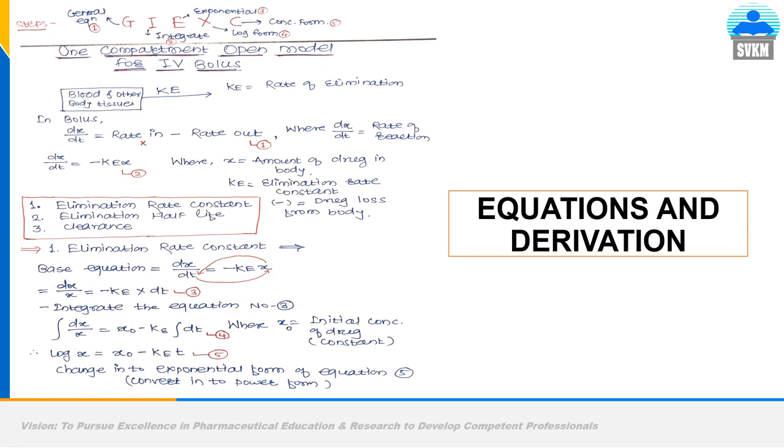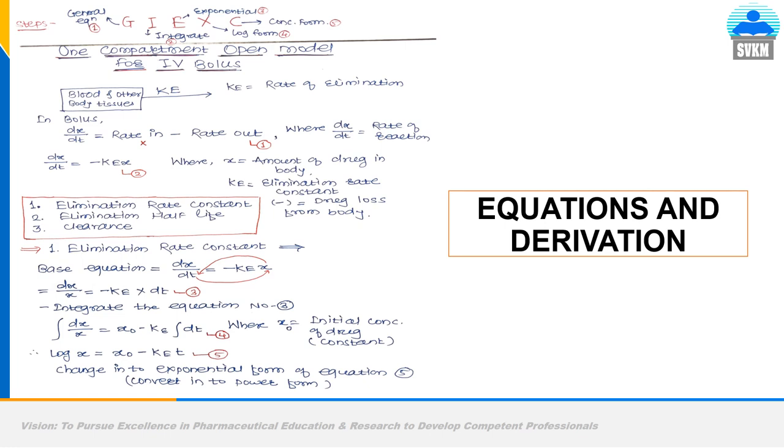In IV bolus there is an absence of absorption because the drug directly enters the systemic circulation, so there is no rate in. So the equation is dX/dt is equal to minus Ke X, equation number 2, where X indicates the amount of drug present in the body, Ke indicates the elimination rate constant, and the minus sign indicates that the drug is lost from the body.